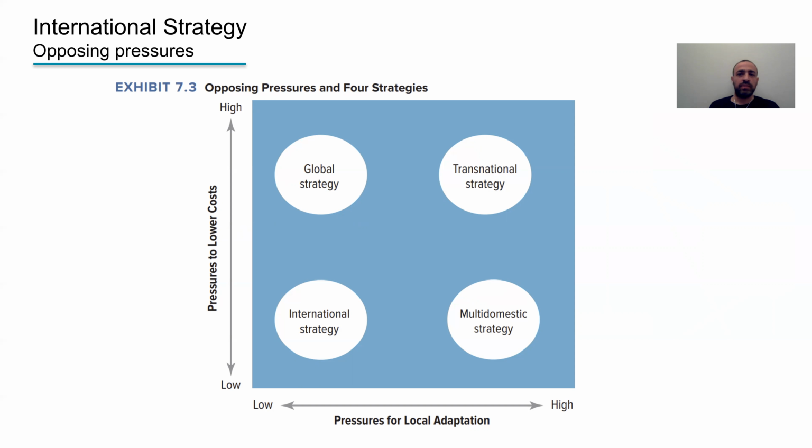Then we go to the transnational strategy. In the transnational strategy, the pressure for local adaptation and for lowering your cost is high. So a giant brand like Nestle uses transnational strategies.